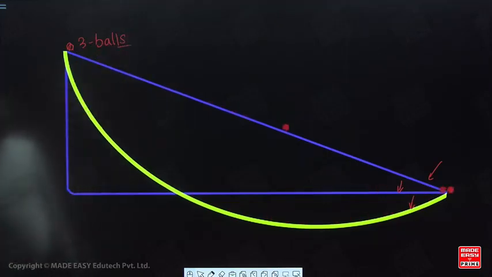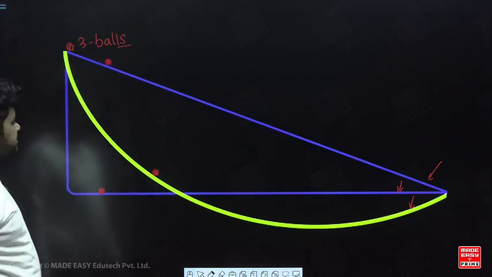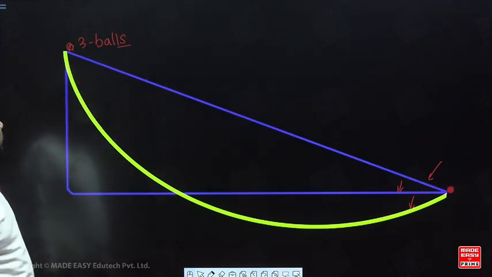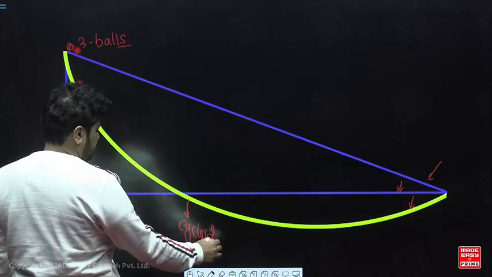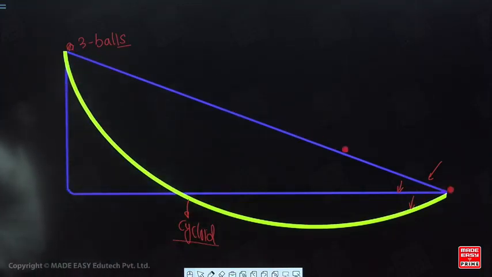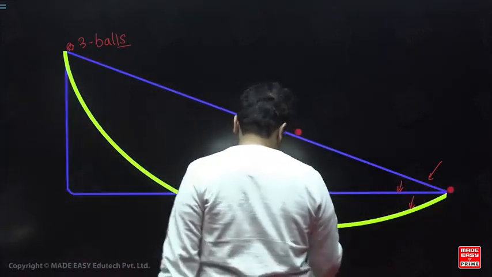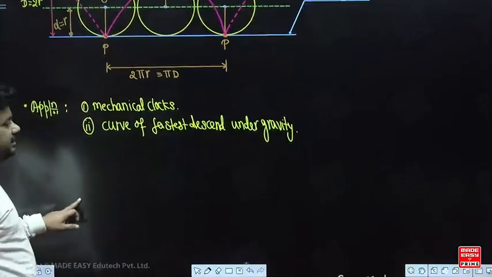The ball which is going on the yellow line, the cycloid curve, is the ball which reaches first. So that means this is called the curve of the fastest descent under gravity. When three balls are simultaneously released, the ball which reaches first is the one which follows the cycloidal curve. I hope it is clear, isn't it? So that is basically the meaning of this: it is a curve of fastest descent under gravity, right.